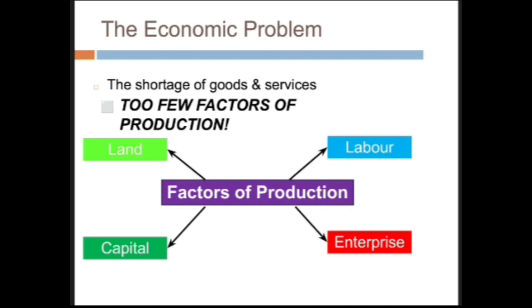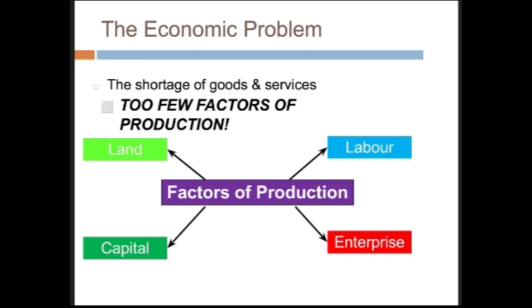Now, the economic problem. What is the economic problem? The shortage of goods and services is called the economic problem: too few factors of production. First is land. Land means property, which is necessary as a factor of production. The other is labor: the employees who run the industry and work as production employees.